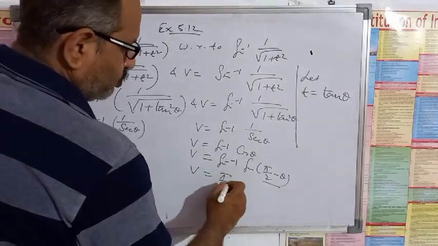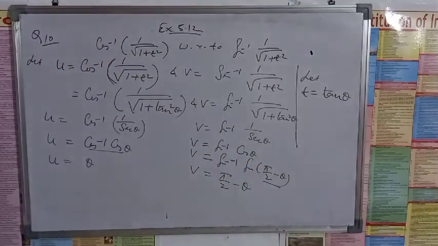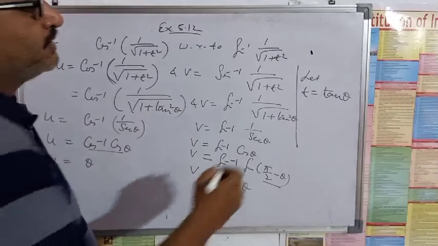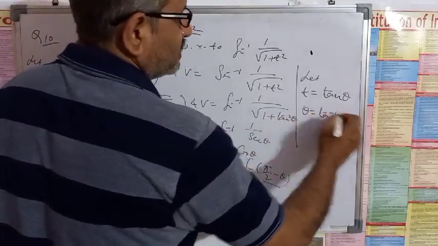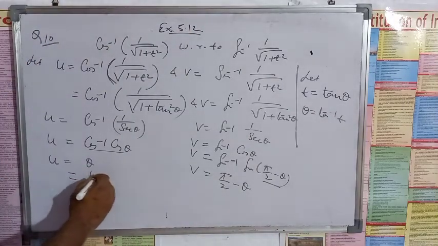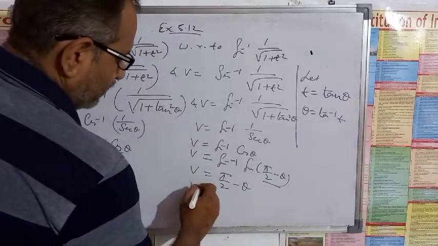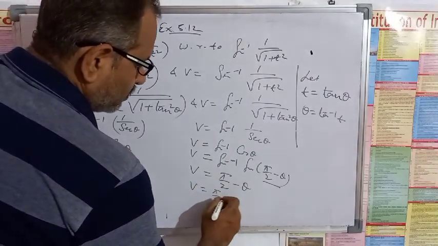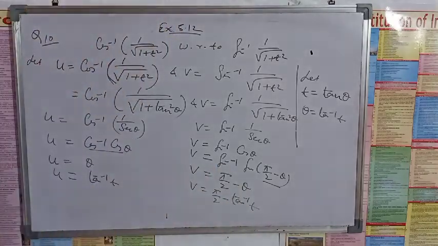So v is equal to pi by 2 minus theta. Put the value of theta: theta is equal to tan inverse t. So u is equal to tan inverse t, and v is equal to pi by 2 minus tan inverse t.